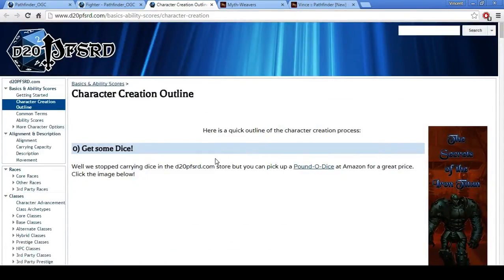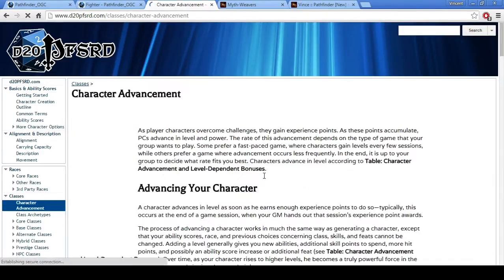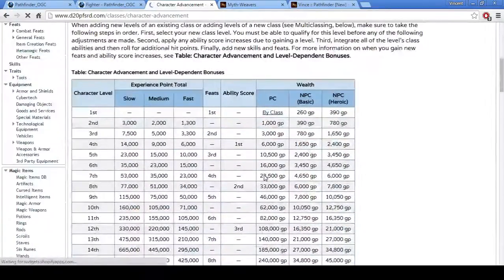But it's worth looking at anyway, because it's a character creation outline. And it even tells you to get some dice. I think I said in the last video, you gotta have dice. Dice are fun. But one of these, and I think it's going to be a little bit more obvious in character advancements. I think that's what I was looking for. Yeah, character advancements is what I was looking for.